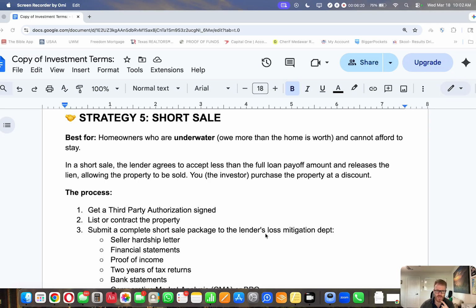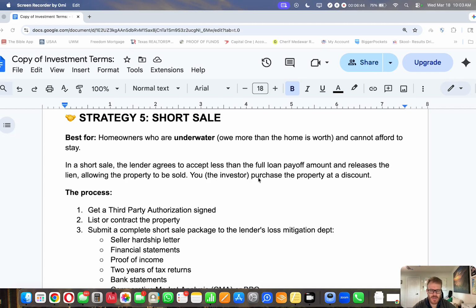Now, the lender really is in it for their money. They want their money. They owe people money. They have dividends they have to pay out, and they have investors that they've used their money to buy the note or service the note for. So that being said, they're all about their money, and it is what it is.